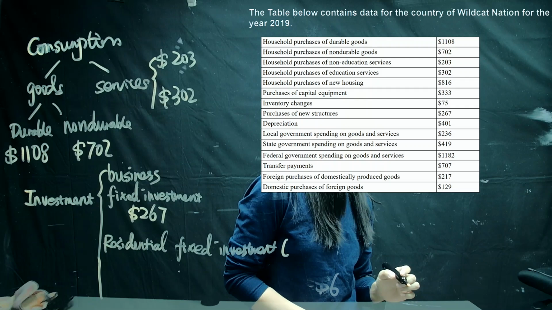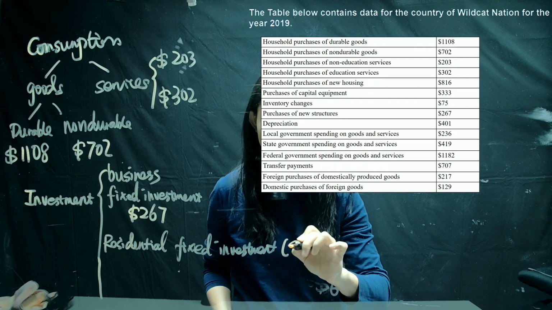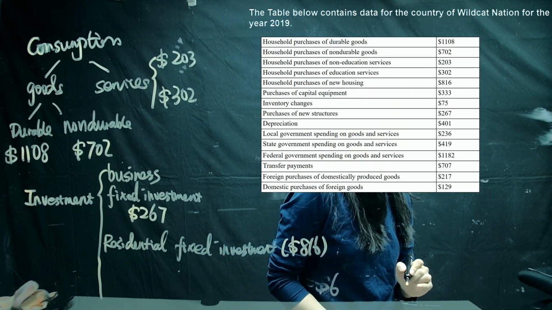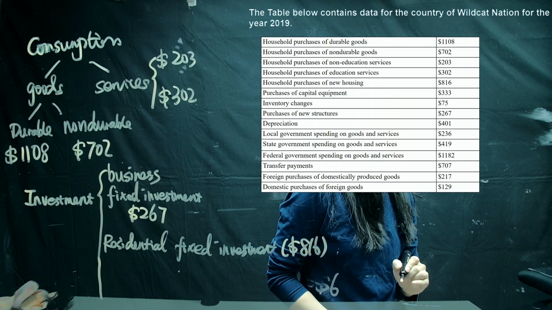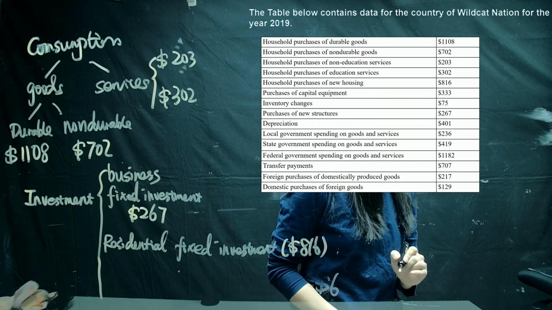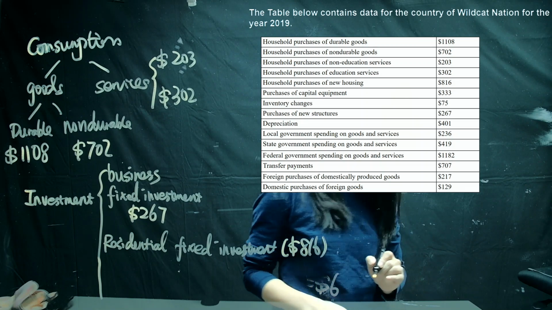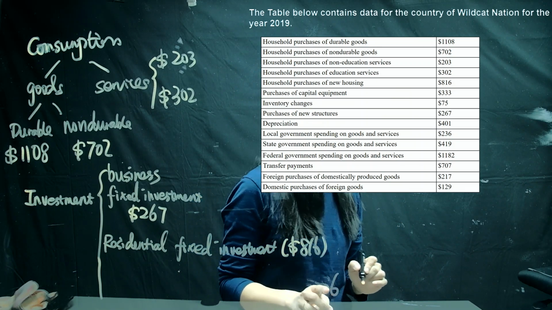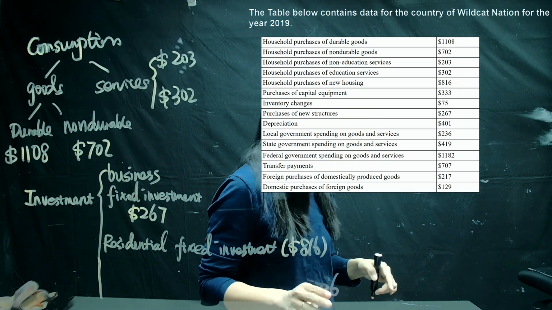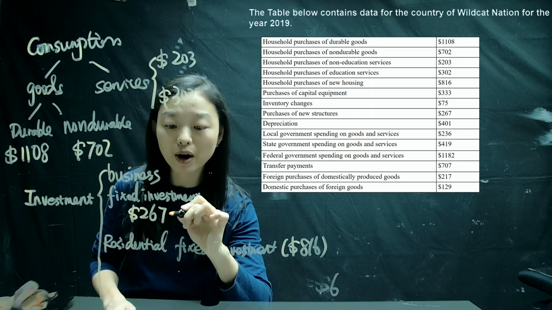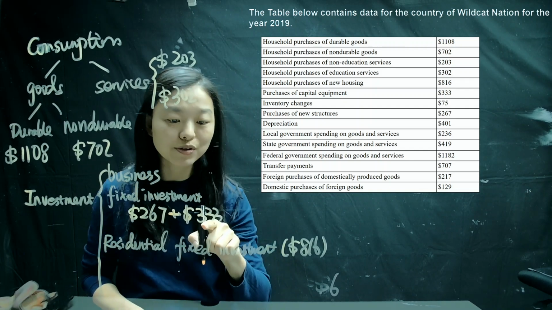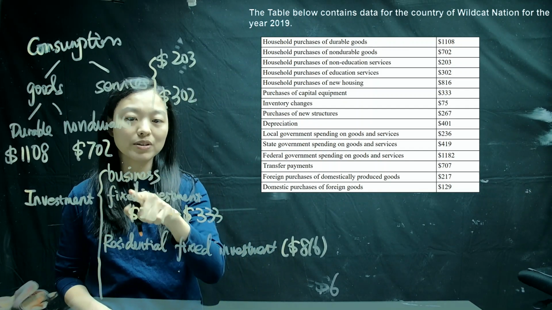Purchase of the new house will be 816. This is residential fixed investment. But the next one, the purchase of capital equipment, 333, will also be counted in business fixed investment.